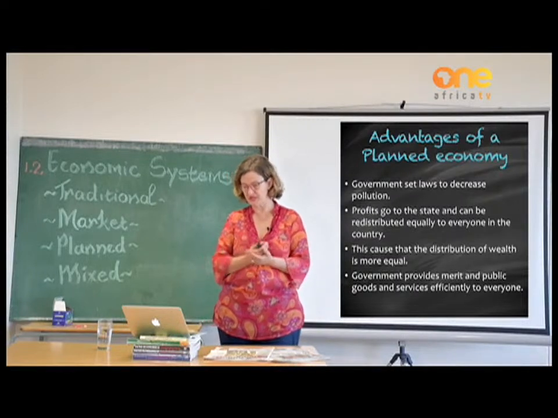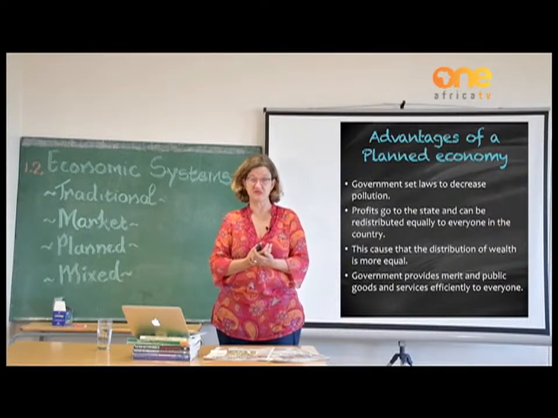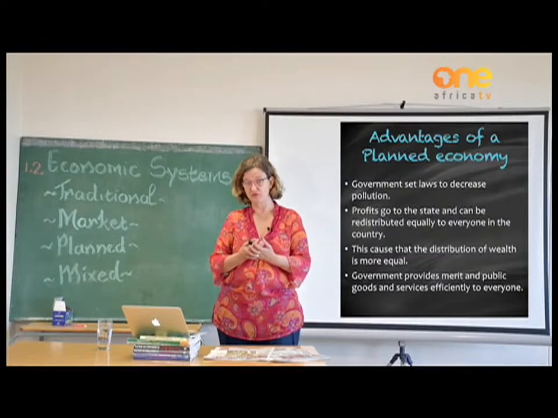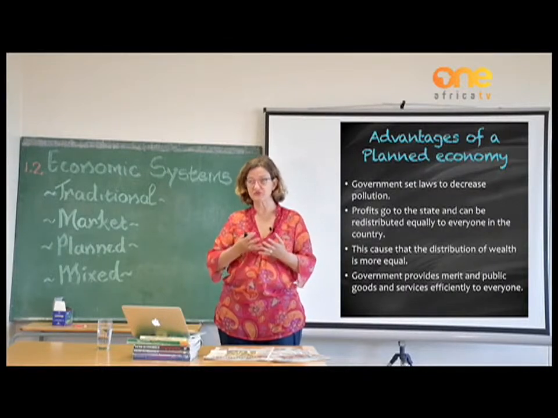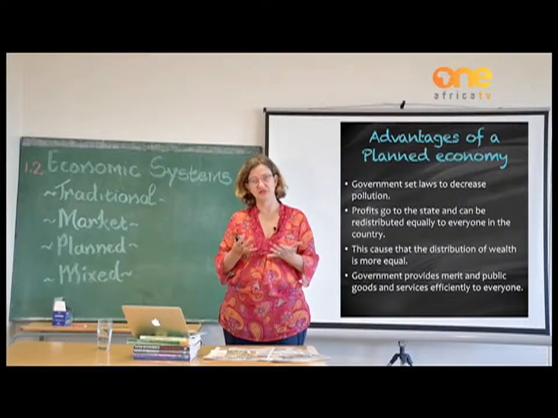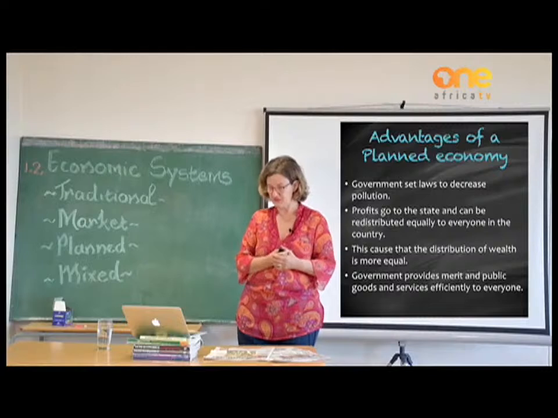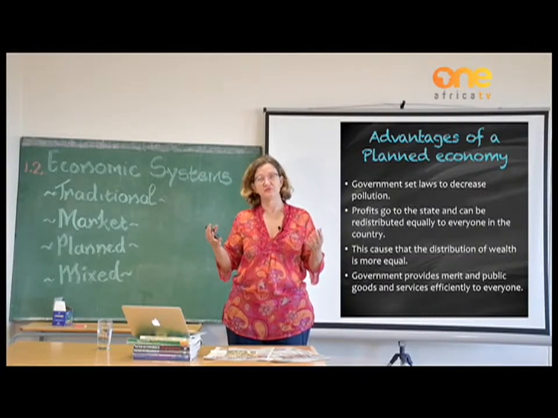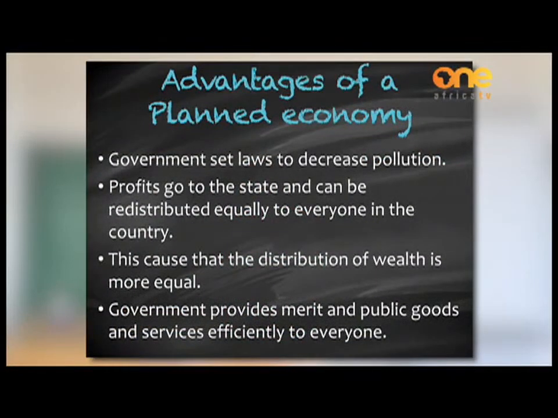So that's normally an advantage for them. A very important advantage for this system is that all the money they earn from all their assets and all their businesses go to the government. You remember that. But what is good that they distribute all this money equally between everyone in the country. So we can say that the distribution of wealth in this economy is more equal.